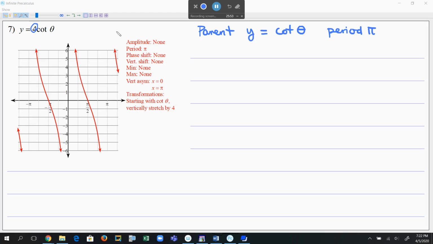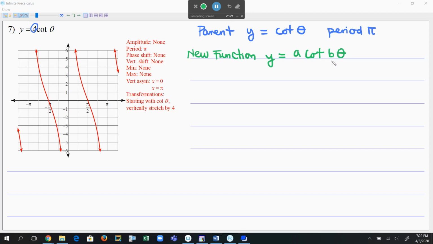So again, to find the period, we will take pi divided by the number right in front of our theta. So if I make a quick note, if we have a new function, y equals a cotangent of b times theta.